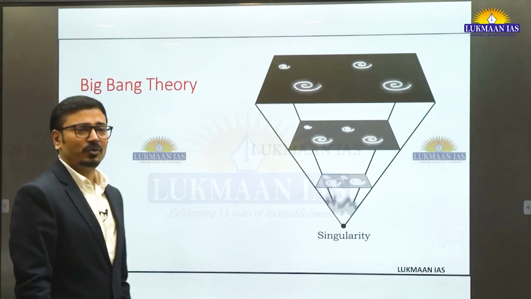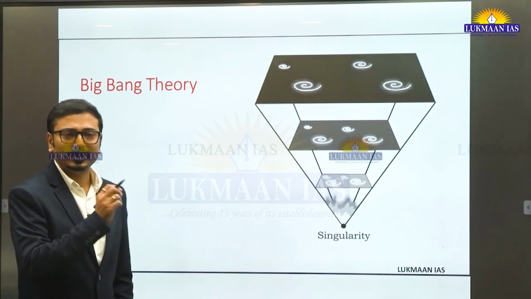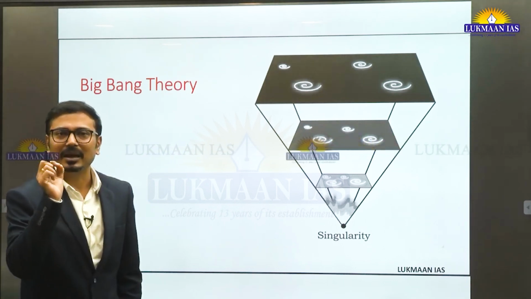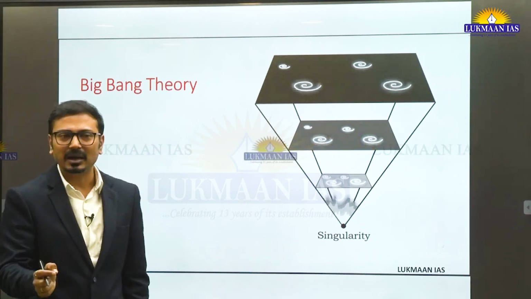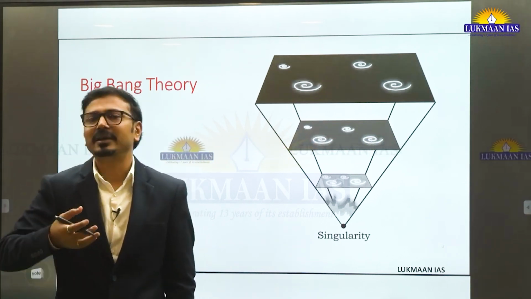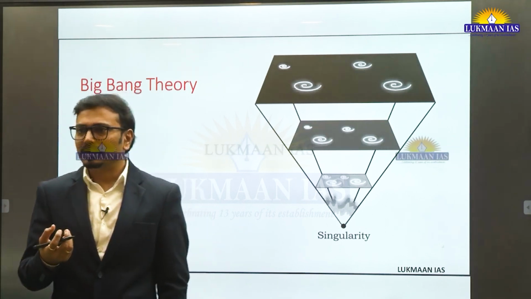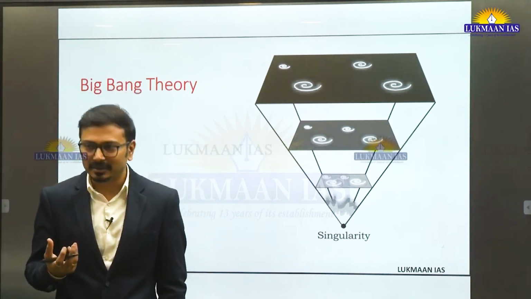Now around 14 billion years ago, what had happened is there was one tiny singular atom having unimaginably small volume and very high density, and that exploded in a very violent manner.